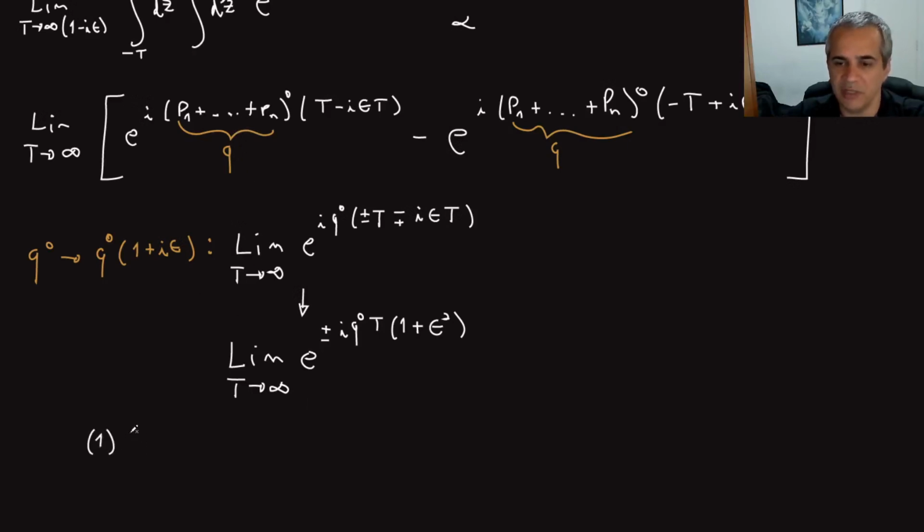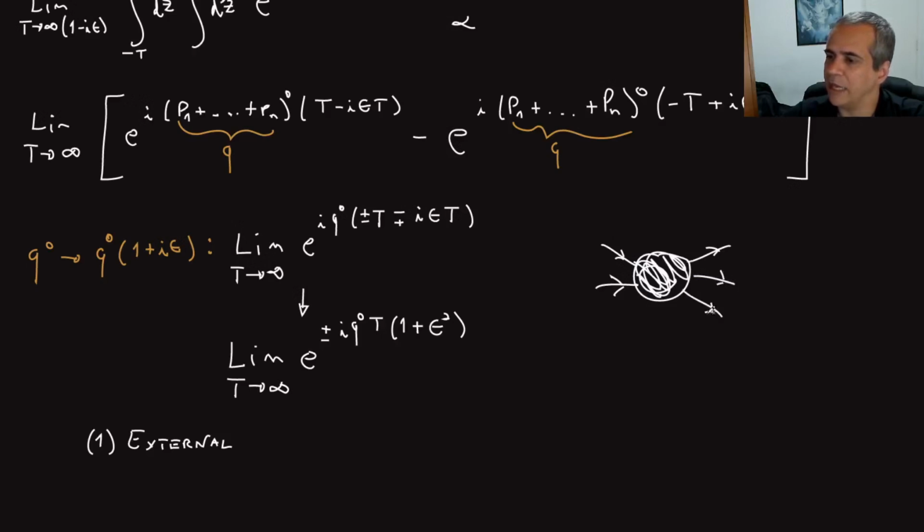The first one is external momenta. Whatever diagram I'm calculating can have a bunch of external legs, and I have one momentum associated with each of these external lines.